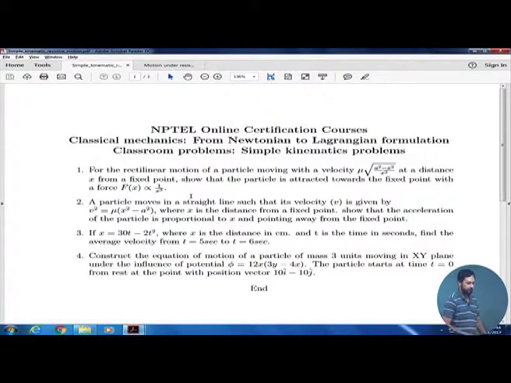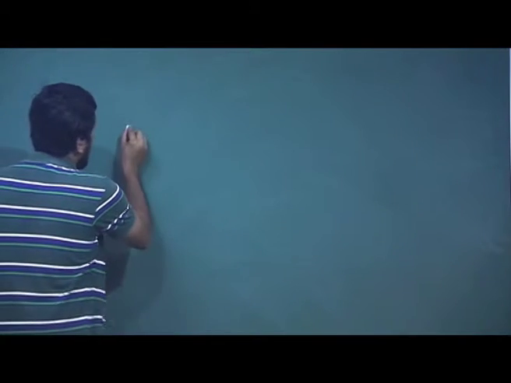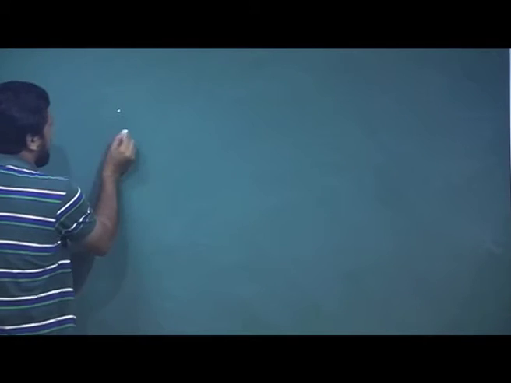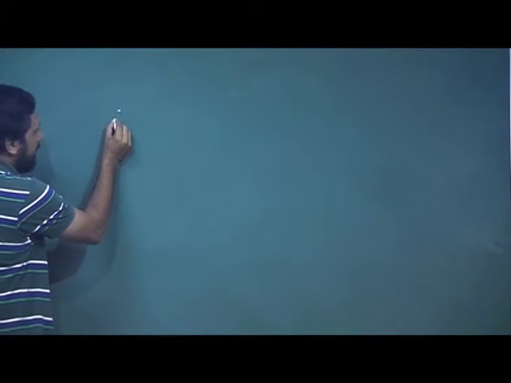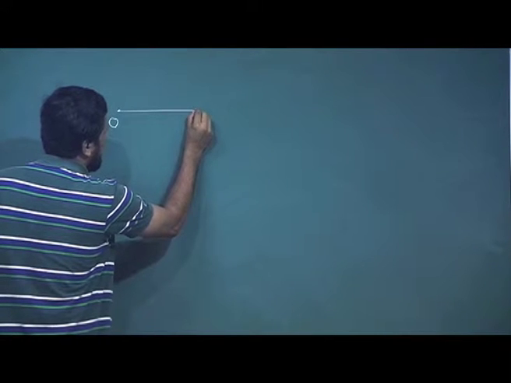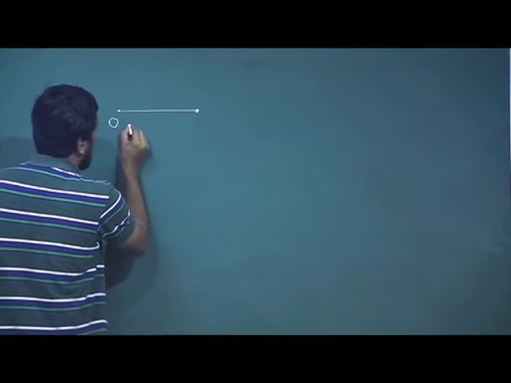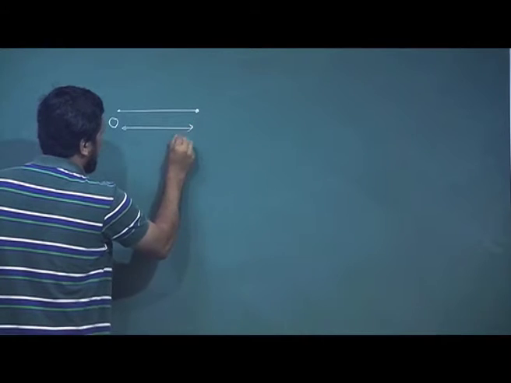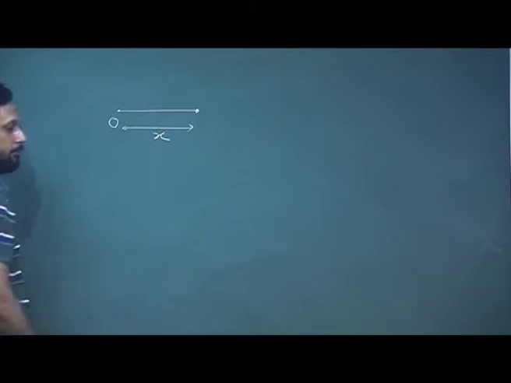Let us assume that the fixed point is the force center. When we solve this problem, let us assume this is our fixed point. We set this as our origin O, and here let us say this is the instantaneous position of this particle at a distance x from this fixed point.